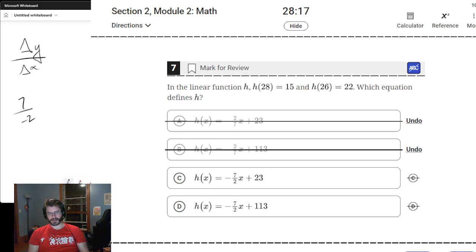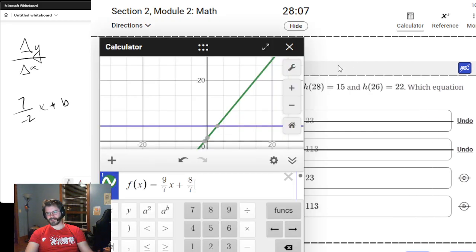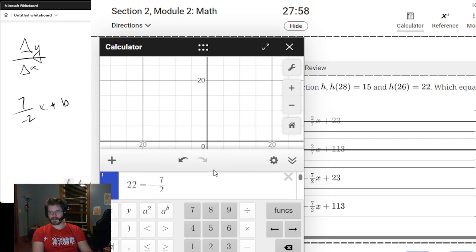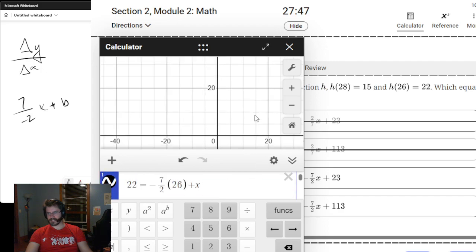They didn't give us any parallel or perpendicular shenanigans. We're going to do 7 over negative 2x plus b. And we're going to plug one of those points in. And again, I think we're just going to let Desmos do the hard lift for us here. So 22 equals negative 7 over 2, plug in the x, 26, plus x, and it's going to tell us what?